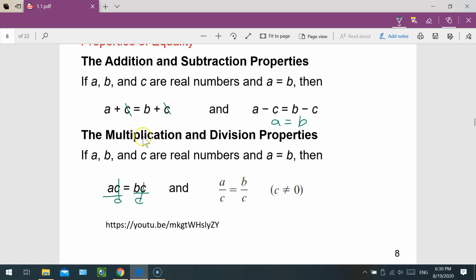So that means when A equals B, you can add the same number on both sides. You can subtract the same number on both sides. And same thing with the multiplication and the division. You multiply the same number on each side. You also can divide by the same number on each side.